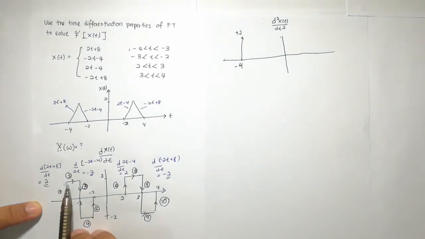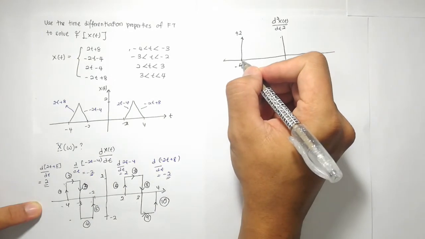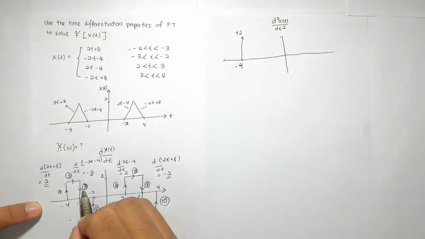And then for a constant value of 2, differentiating gives 0.